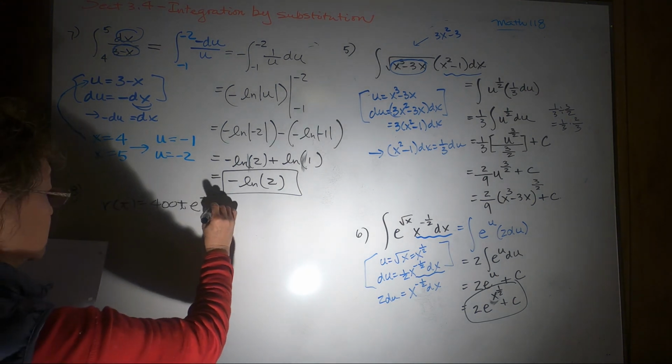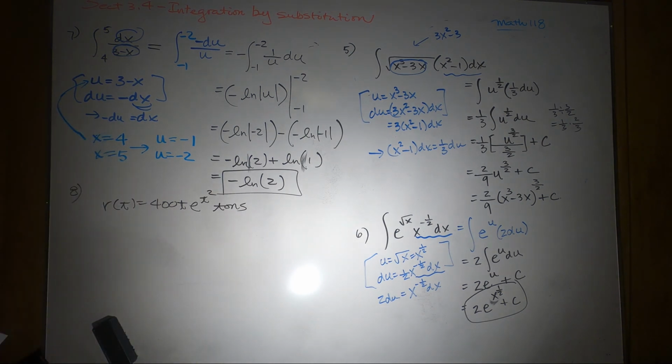So many tons of pollution per year. t is the number of years since measurement began. So find the total amount of pollutant discharged into the lake during the first 2 years. Okay, so it wants to find the first 2 years.